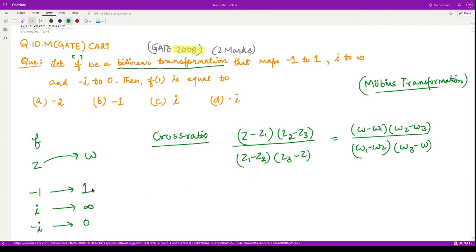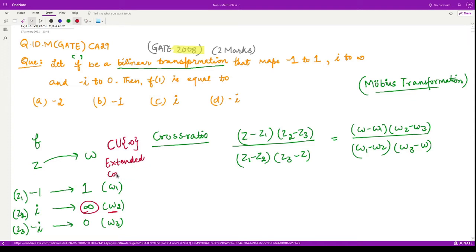Here this is our point w1, this is our point w2 and this is our point w3, and here this point is z1, this point is z2 and this point is z3. Now notice that here we have the point w2 as infinity. So we are in the complex plane which also contains the point infinity. This complex plane is known as the extended complex plane, right?